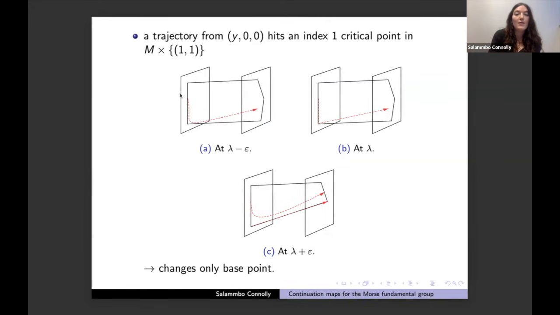Something else that can happen is that at a point in the minimum which is at the boundary of the unstable manifold of your index 1 critical point of F1, a trajectory from that hits an index 1 critical point at the top of the square. When this happens, you lose a step in the image of your Morse step.